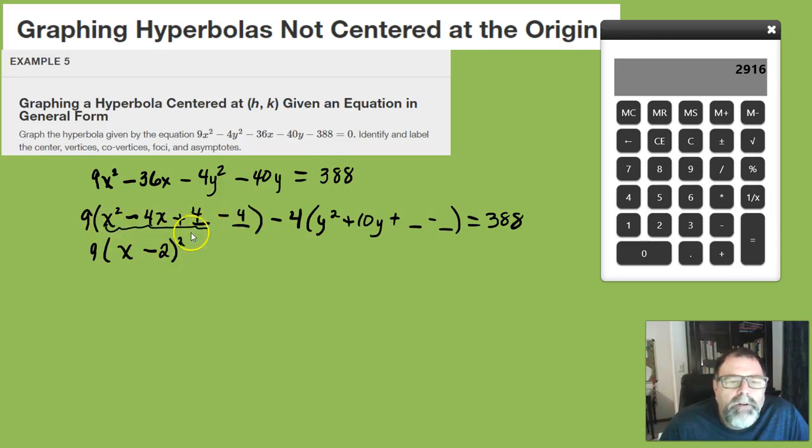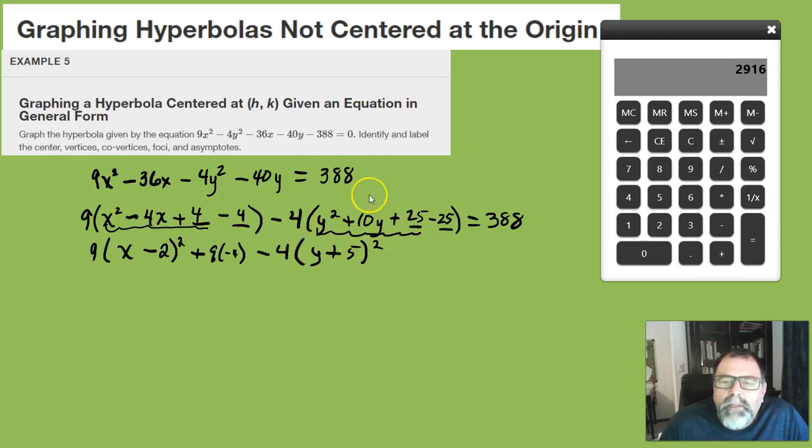These first three terms is the perfect square, x minus 2 squared times the 9. And then I got to take the -4 times the 9. Normally I'd just write minus 36, but just to show that step. Same thing for the y's. I'm going to take half that middle term, 5. 5 squared is 25. Add it, subtract it to balance the equation. These first three terms is the square.